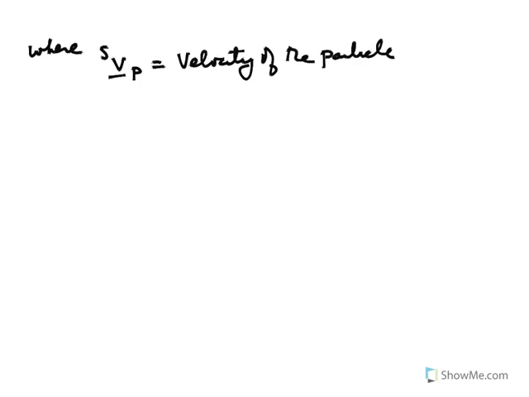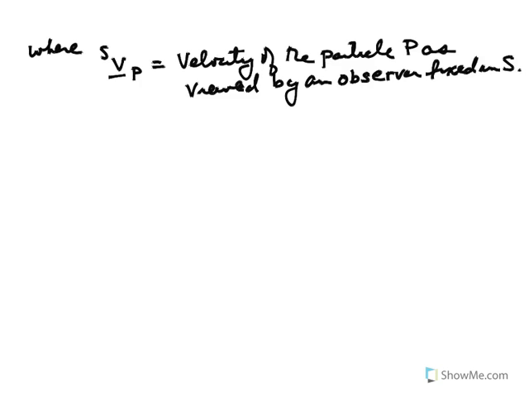Where VPS is the velocity of the particle P as viewed by an observer fixed in S. Now remember that I said that S is a reference frame, so that's a well-defined quantity. The velocity of point P is viewed by an observer fixed in S.